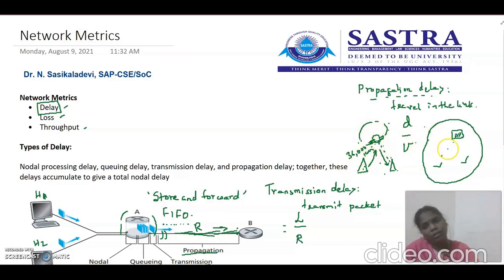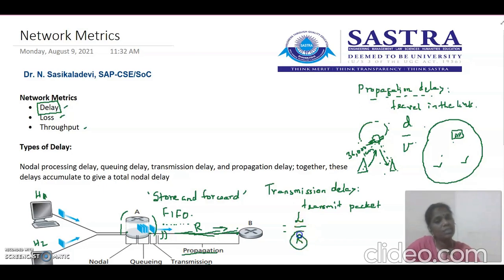If you take short range wireless communication, then the propagation delay is much smaller. So the propagation delay increases with increasing distance. If the distance between the nodes is high, then the propagation delay will be high. The transmission delay heavily depends upon the capacity of the channel.